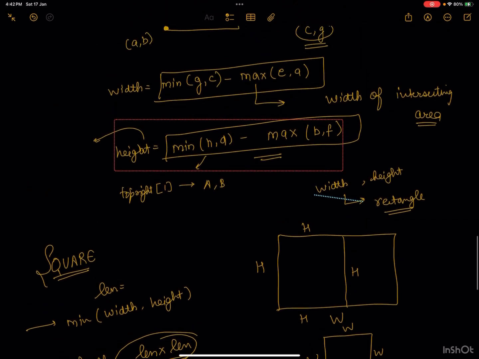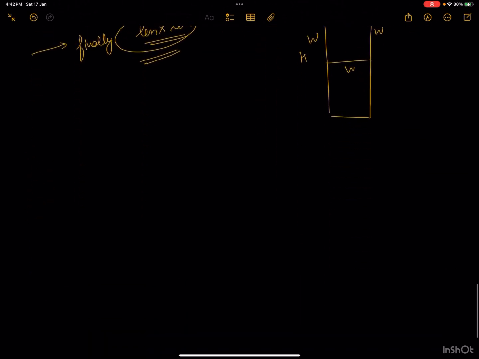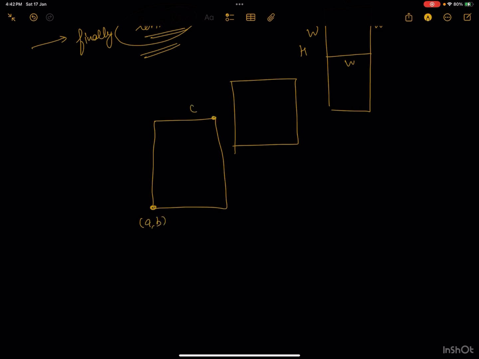Okay, let's take the same two rectangles, and what if they don't intersect, they don't have a common area. This is again a comma b, this is c comma d, this is e comma f, and this is g comma h.